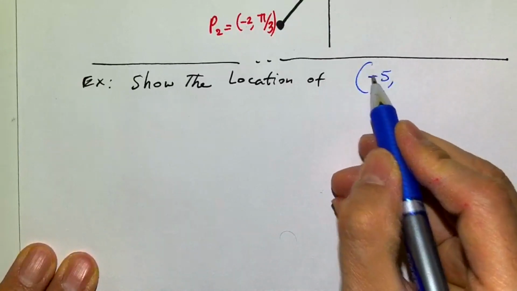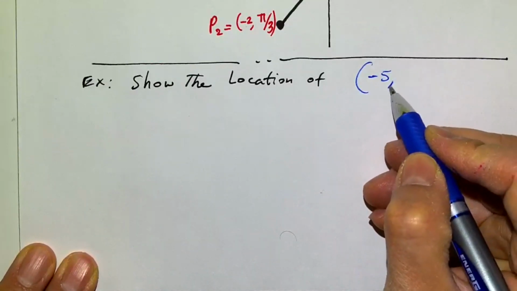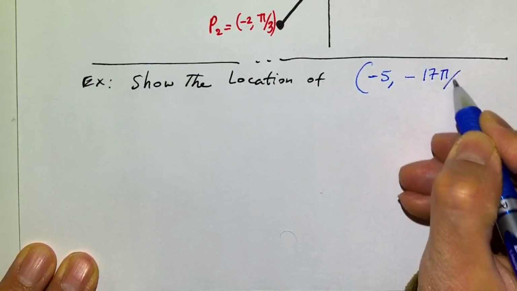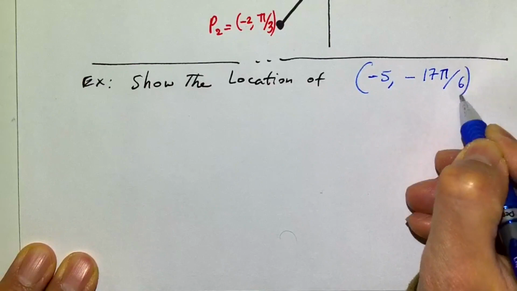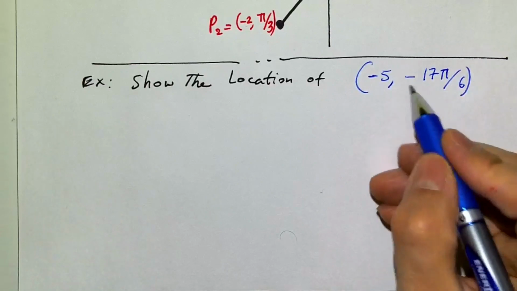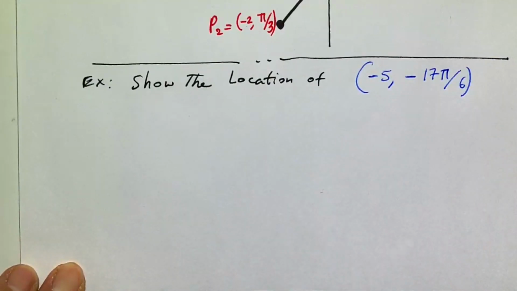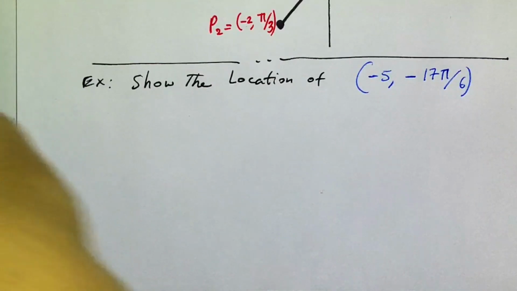Right away you notice that the r is negative, right? Negative 5 comma negative 17 pi over 6. So that's a large angle. But notice that it's negative, so we're moving in the clockwise direction from the x-axis.